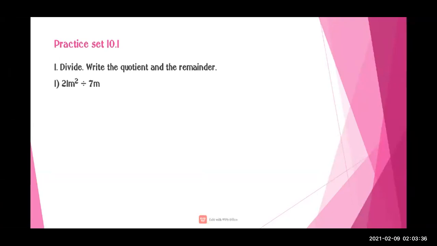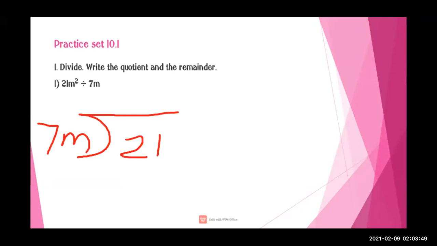Now first of all, see how you are going to divide it. 7m should divide 21m^2. Now here first see the numbers 7 and 21. In the 7 table, 21. See what you will write.